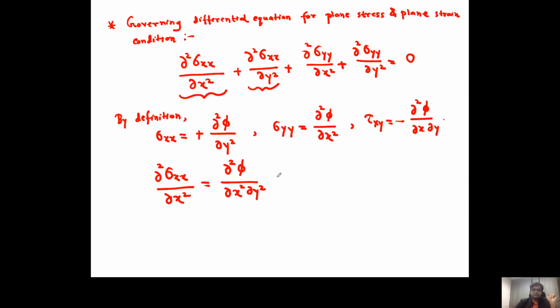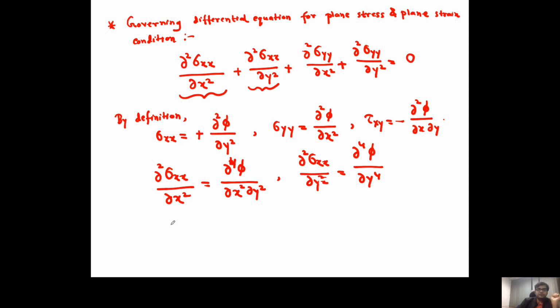Let's talk about the second term, del 2 sigma xx by del y2. Take derivative twice with respect to y, and that will give you del 4 phi by del y4. So these two terms we have done.